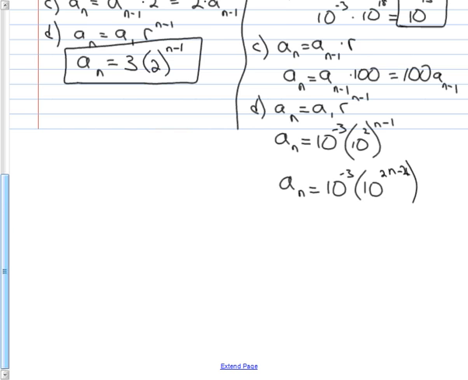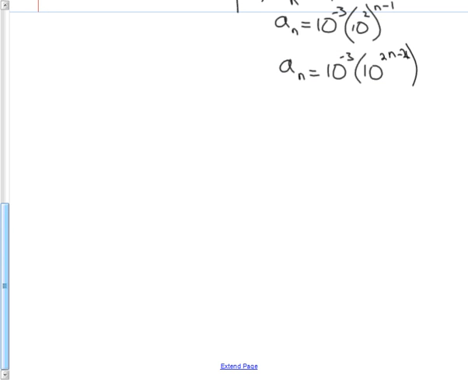Now I can even do some simplifying of that. This part right over here, 10 to the -3rd, this comes from 10 to the 2n times 10 to the -2, because when I'm multiplying, I add those together, right? 2n plus a -2 is 2n minus 2.